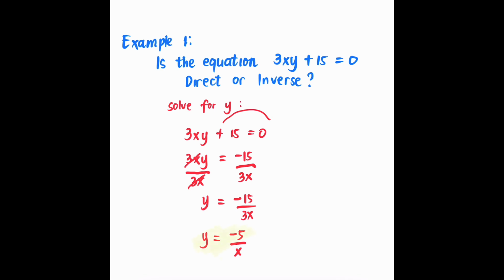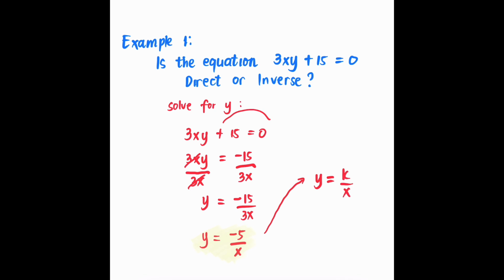Now, if we take a look at the general formulas for direct proportion and inverse proportion, this equation actually follows the format for the inverse proportion. If you remember, we have y equals k divided by x.